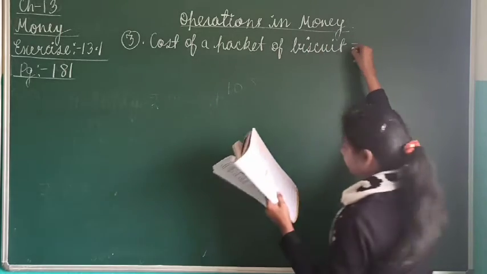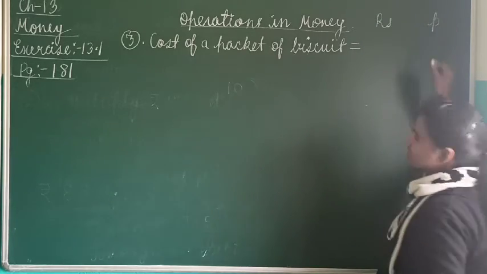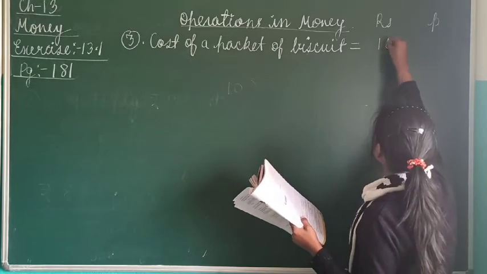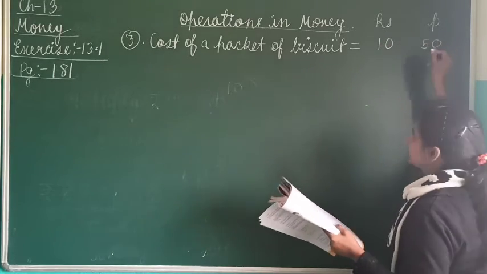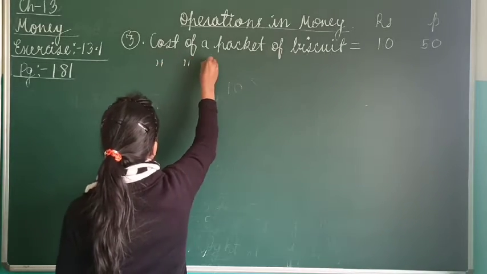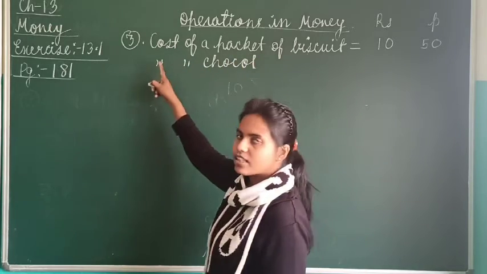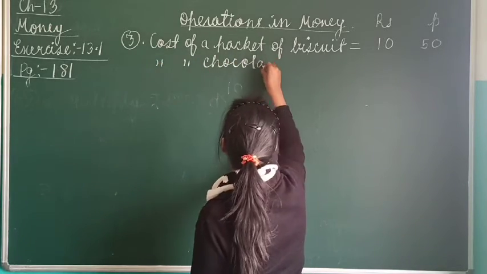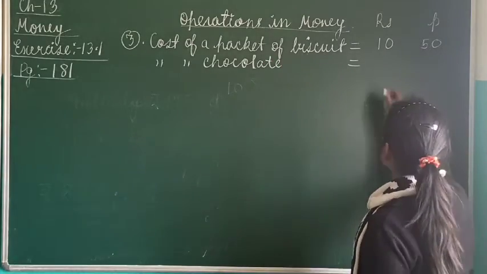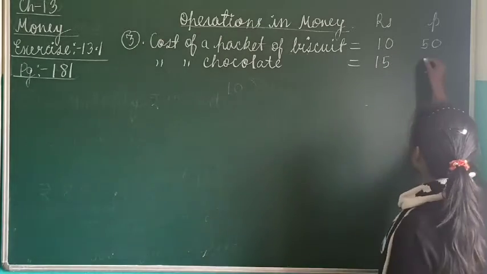You write the rupees and paise, make separate columns. Now rupees 10, 50 paise. Clear? Now cost of the chocolate. You will write it in full. Cost of the chocolate is how much? 15 rupees. So 15 we will write in the rupees column, and paise is not given, so here we will put 2 zeros.